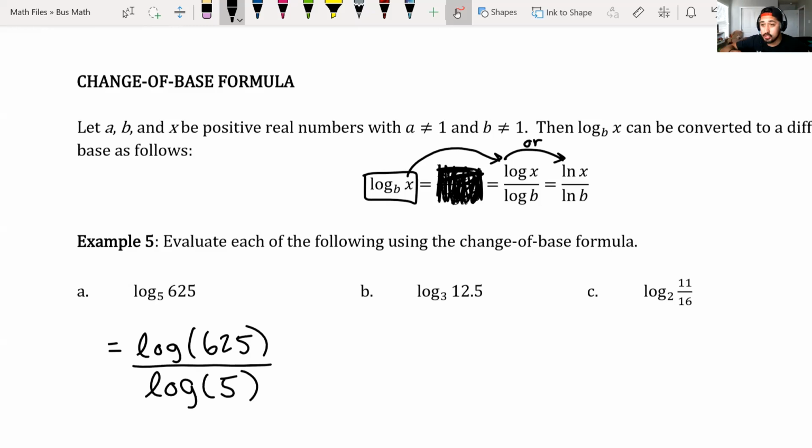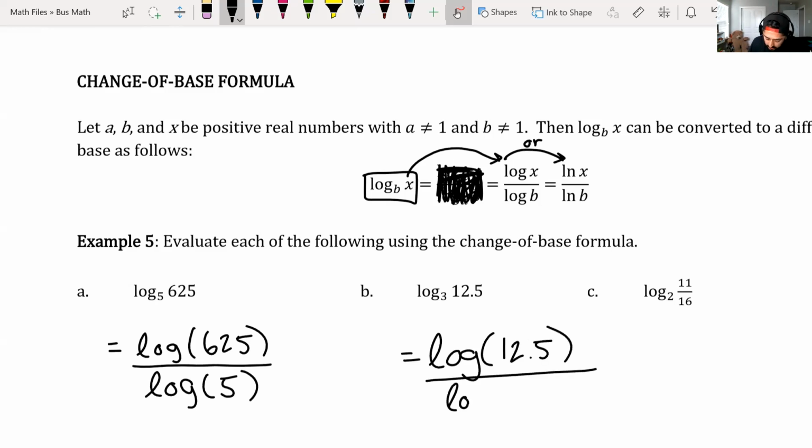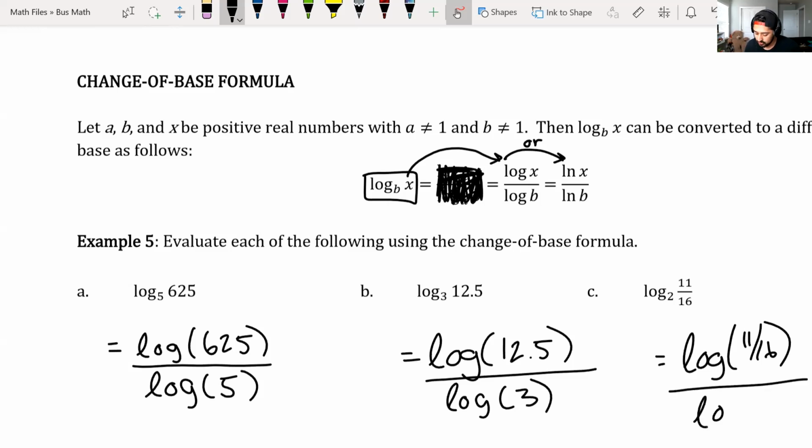Actually, let me rewrite all of these and then I'll show you how to use them in your calculator. This one becomes log of 12.5 over the log of 3. And this one becomes the log of 11 over 16 over the log of 2.